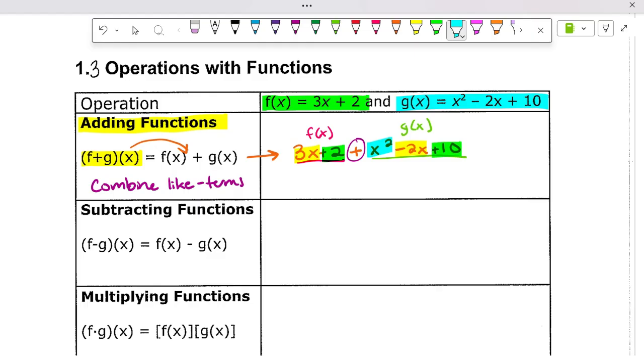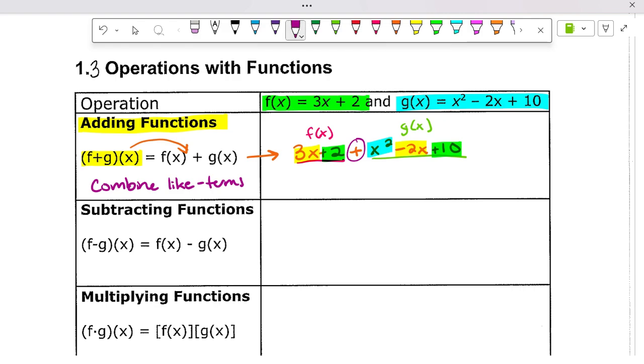That's the only thing you add. So you would do 3 minus 2. You would do 2 plus 10. And then whatever variable's after it, that's what you slap on at the end. For example, I'm going to rewrite this in standard form. Does anyone remember what standard form is? What does it mean to write a function in standard form? Right.